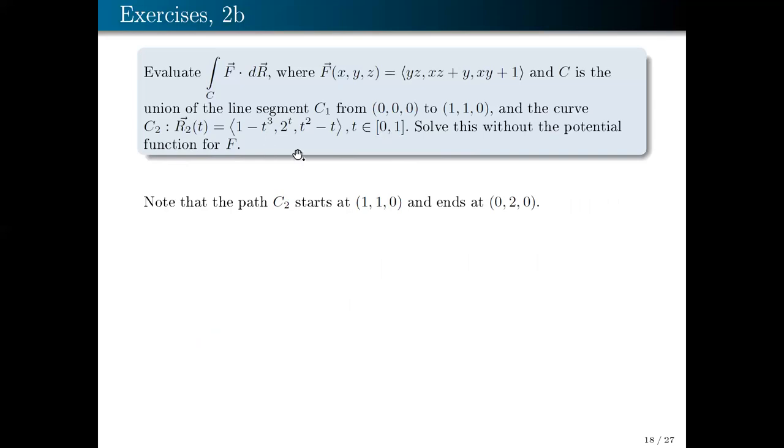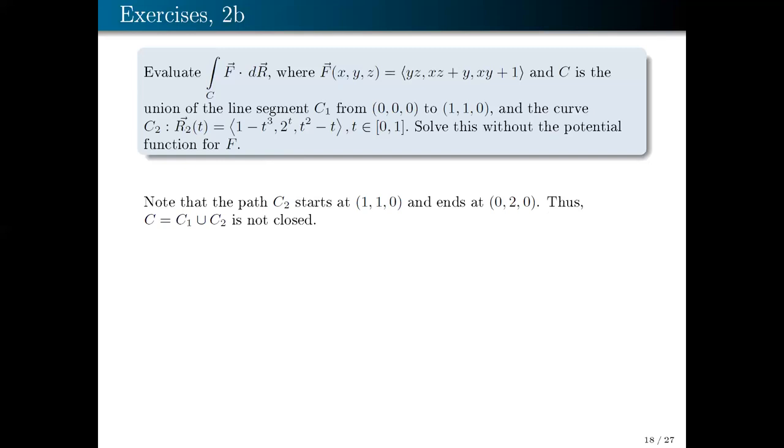So that makes your curve C, C1 union C2 as defined, start at 0, 0, 0 and end at 0, 2, 0. Since those endpoints are distinct, our curve C is actually not closed. So we cannot use the third statement, which says that the line integral is automatically 0.